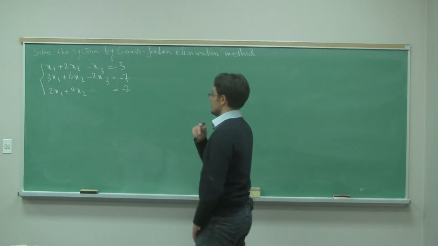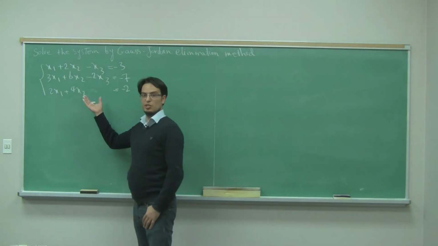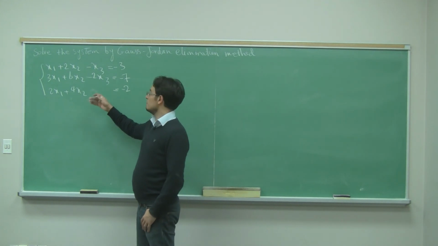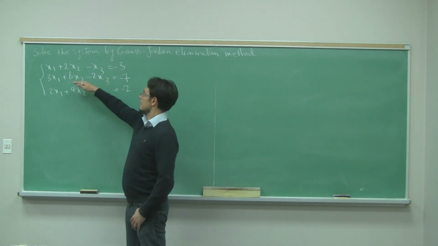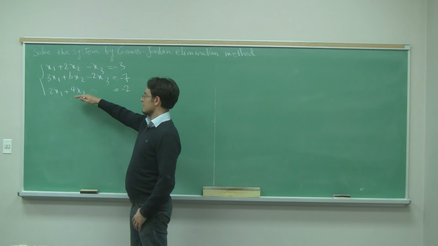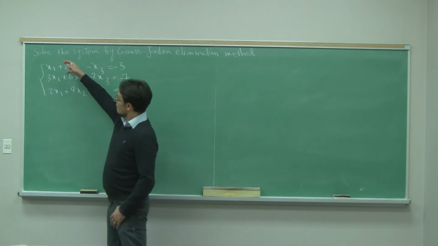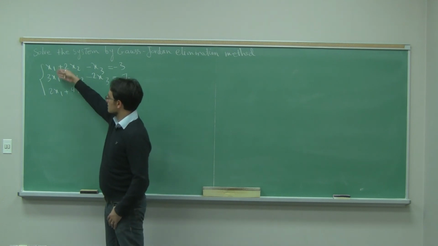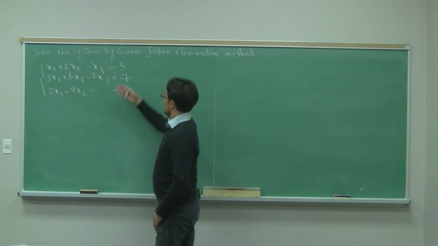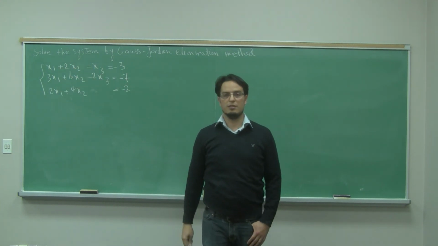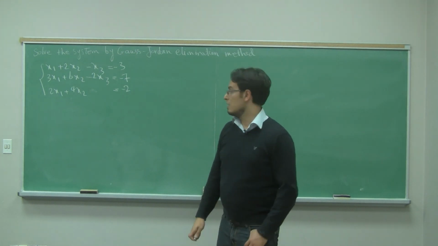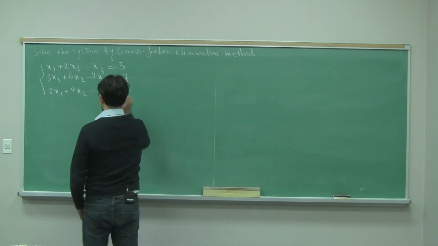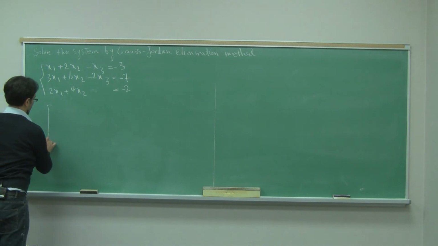I have to first check that the system is written in the standard form, meaning that each equation is written in a standard form and same variables are aligned. So this is the case, this is the case, this is the case, and then everything on the right-hand side also are constant. So I can make my augmented matrix here.